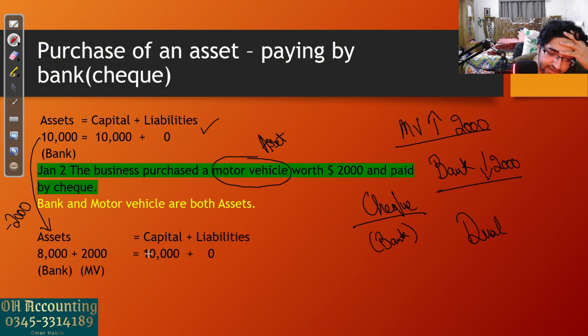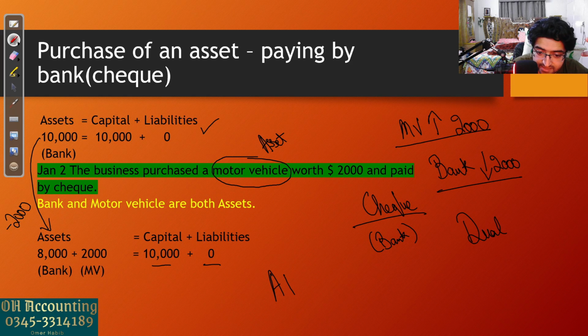Okay, capital remains the same because there was no other investment from the owner in this transaction. Did the owner invest anything? Is anything mentioned like that in the transaction? No. So capital remains the same, and we did not take a loan from someone, so liabilities also remain the same. There was a dual impact on this equation because of this transaction as well.